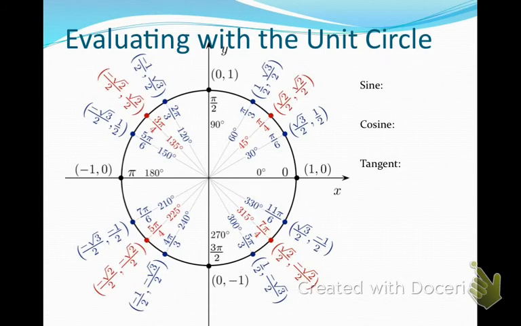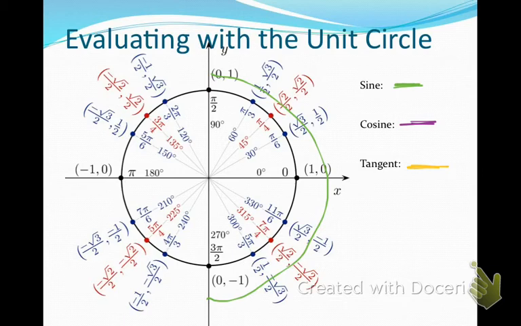So, when we look at the unit circle, I'll show you how to use this a little bit here. I'm going to call sine green. I'm going to use purple for cosine and this gold color for tangent. So sine is going to be any of these angles found from negative pi over 2 up to pi over 2.